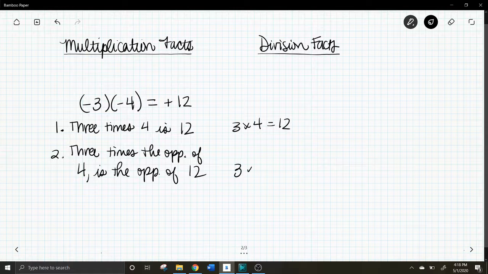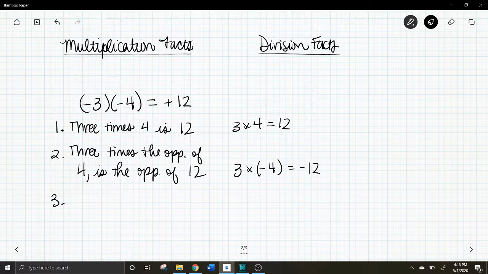Remember, opposite just means the same number with the opposite sign. And then finally, the opposite of 3 times the opposite of 4 is the opposite of 12.